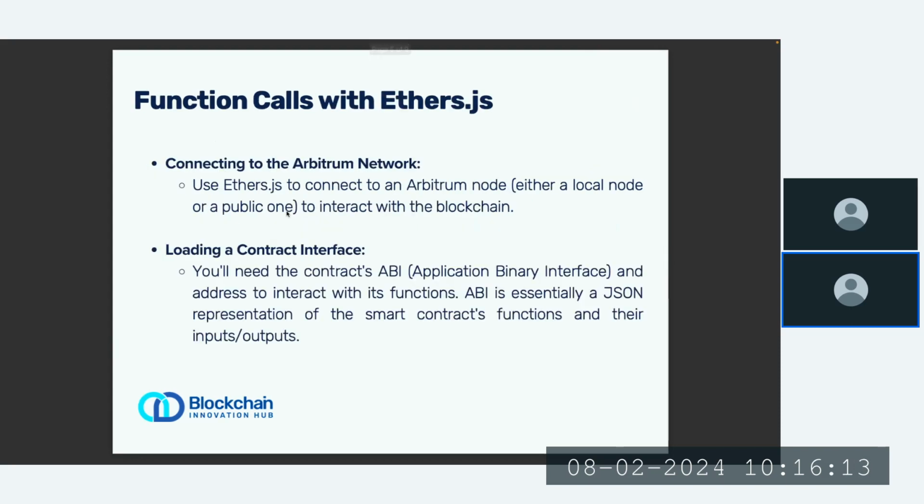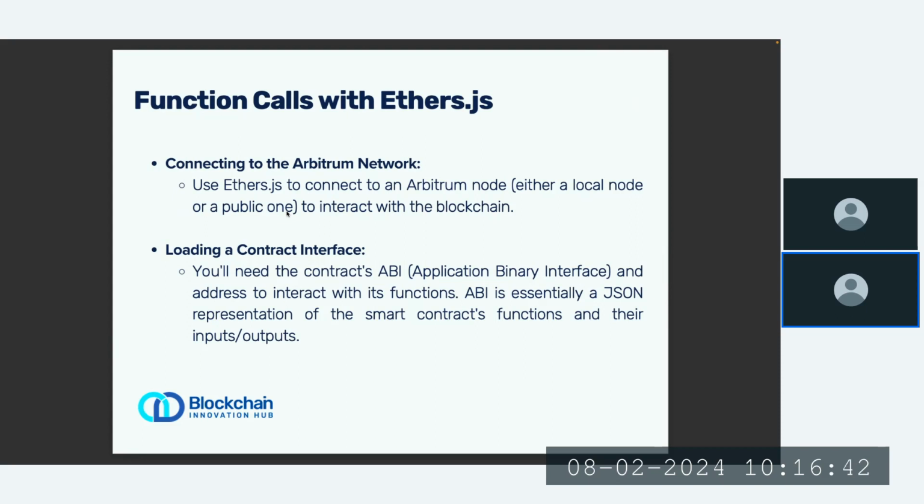So we'll be looking at how to make function calls with Ethers.js. We'll still do the practical section, but this is just an overview of how you can do this. Now, the first step is you connect to the Arbitrum network. Use Ethers.js to connect to an Arbitrum node, either a local node or a public one, to interact with the blockchain.